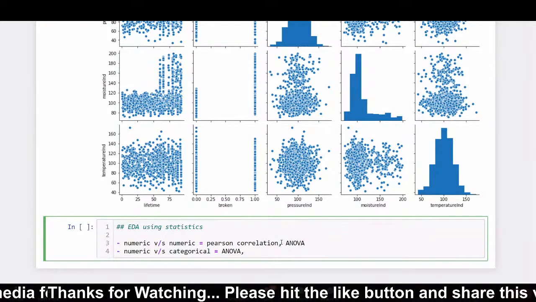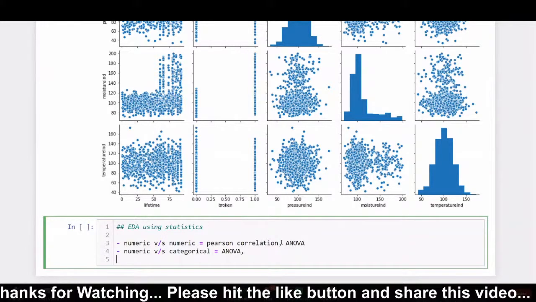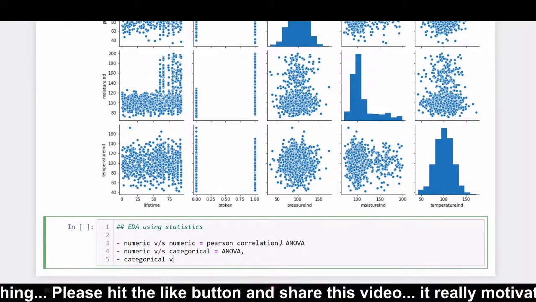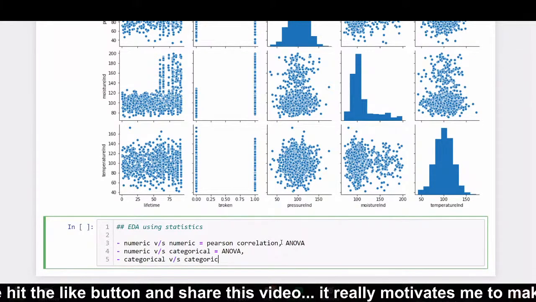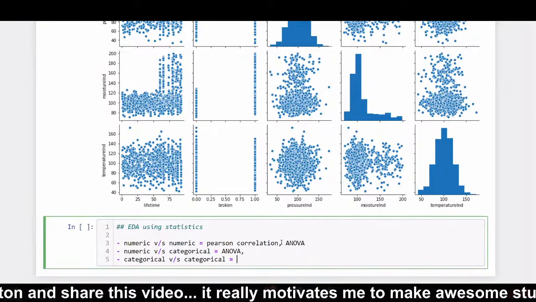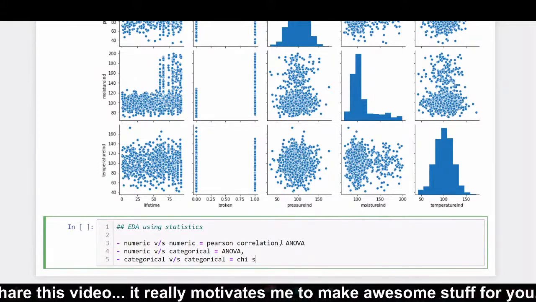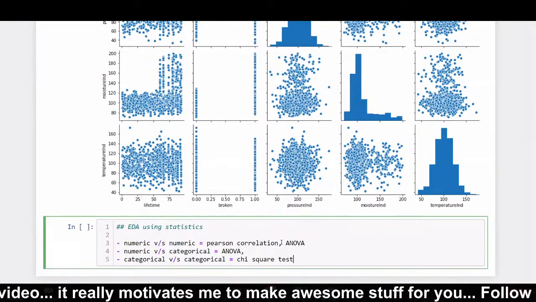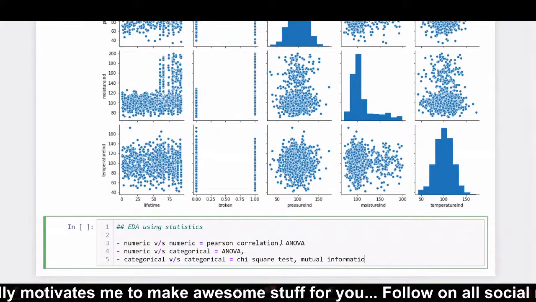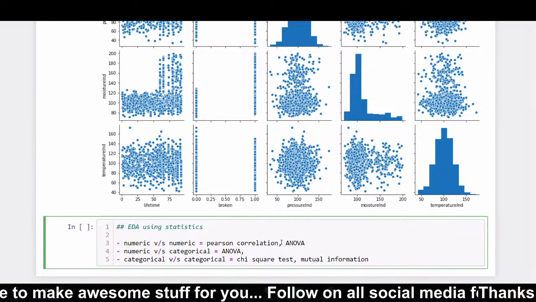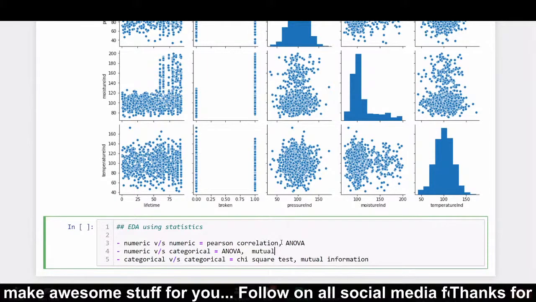Similarly, categorical versus categorical, there are statistical methods like the chi-square test. Mutual information is also applicable to numeric versus categorical as well.